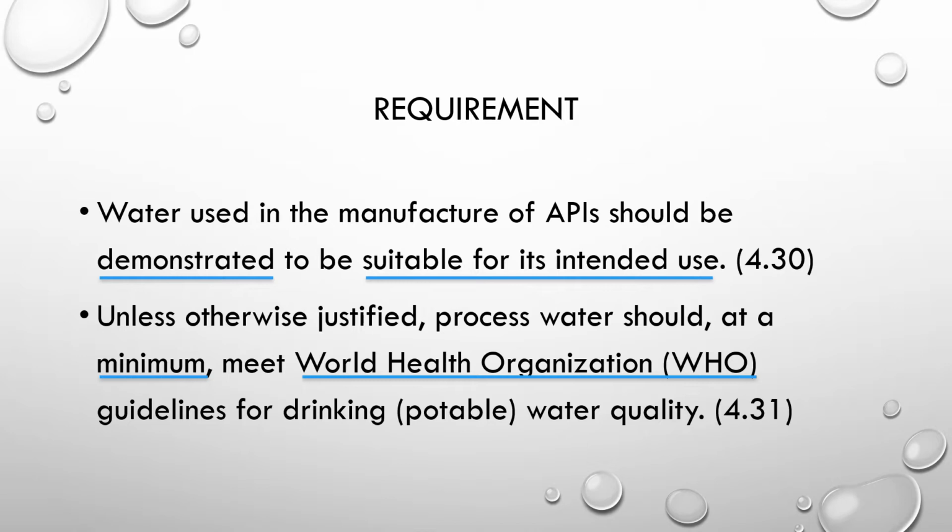Let's understand the word demonstrated. It is necessary to prove that the water used in various stages of manufacturing is suitable for use. That means you have to establish that the product meets all specifications all the time by using this quality of water and there are no adverse results or outcome.